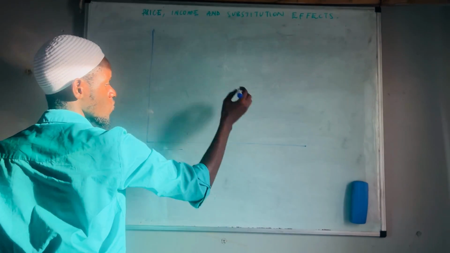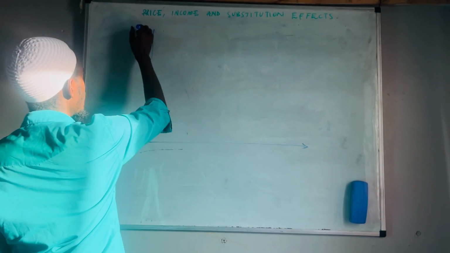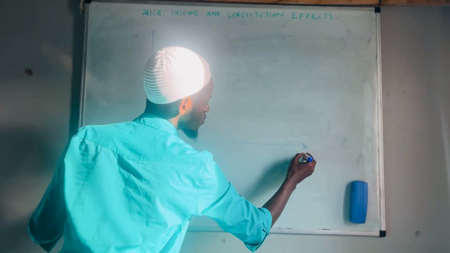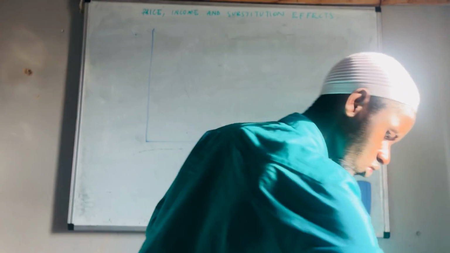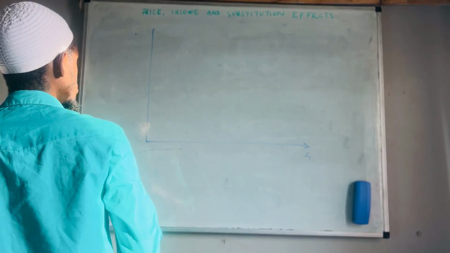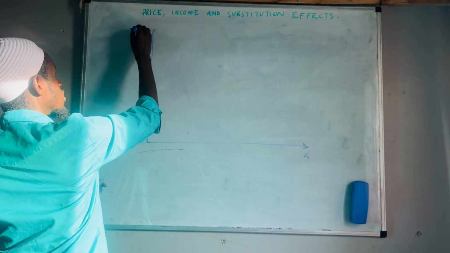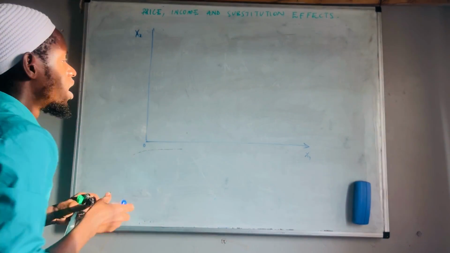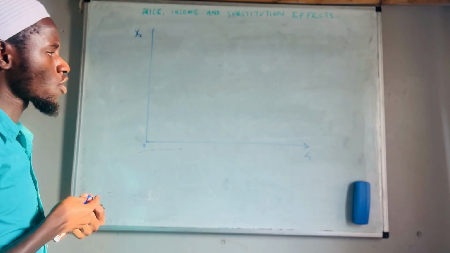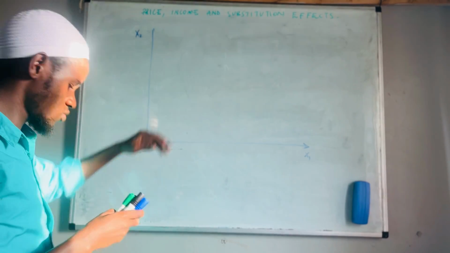We have commodity X1, X2. This is our X2 here. This is our X1. Forgive me, the markers are somehow exhausted, but we shall keep pushing. This is X2, this is X1, then this is our zero point. Now remember, let us take a case of a consumer consuming two commodities, X1 and X2.